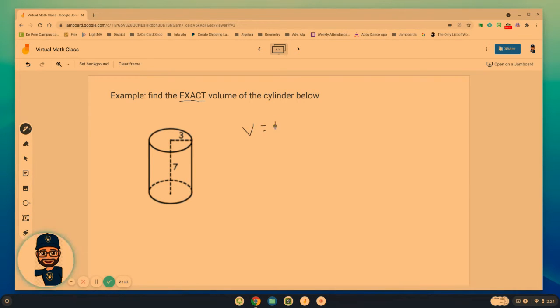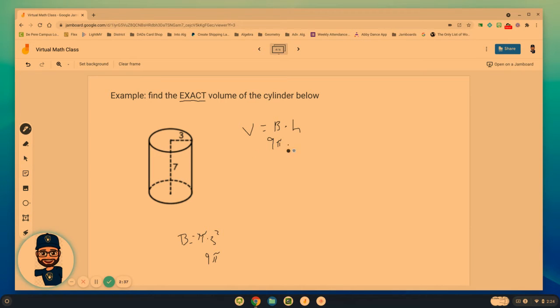Volume equals capital B times H. I know the B, this capital B, area of the base, has to be pi times r squared, or pi times 3 squared, which is 9 pi. We leave that pi there because of the exact. So capital B is 9 pi times the height between the two bases. This one, they give it to us on the inside.